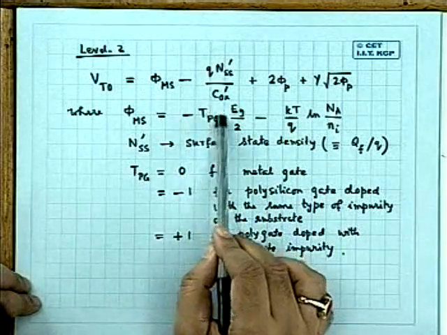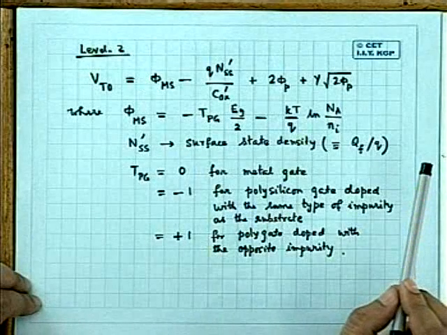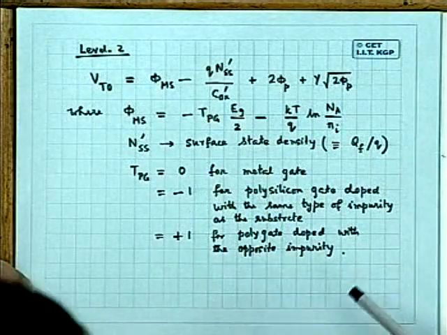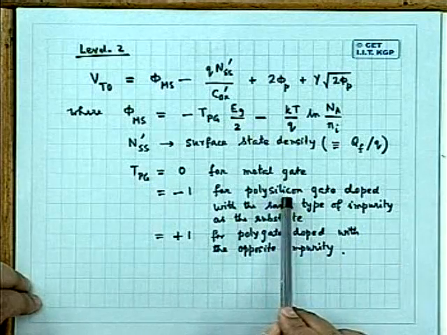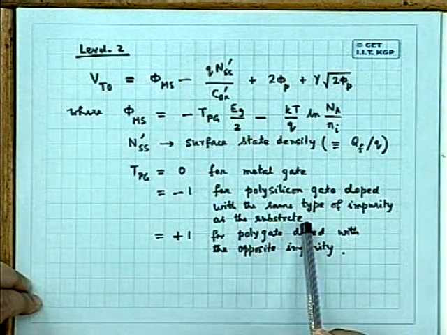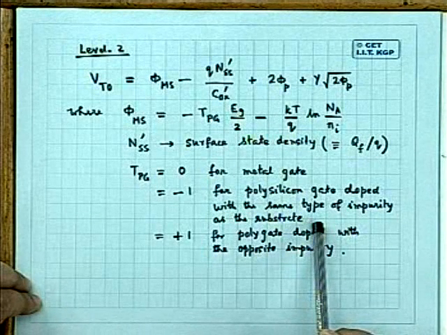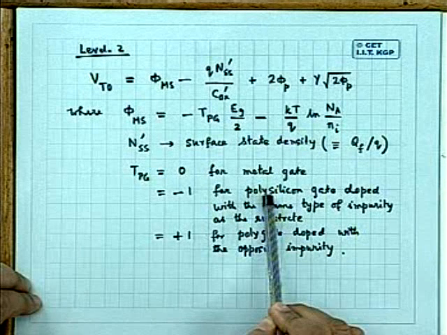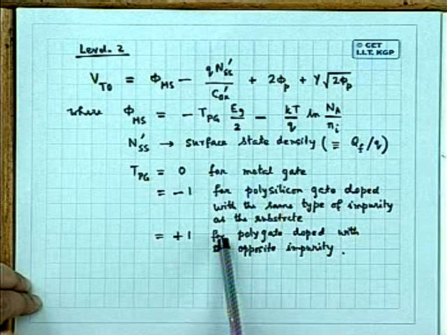And this term TPG has been brought into the equation for phi ms, whose values are three discrete values: 0 for metal gate, -1 for polysilicon gate doped with the same type of impurity as the substrate. If the substrate is p-type, say in NMOS, then the polysilicon gate is a p plus polysilicon gate. This is valid for p plus polysilicon gate. And this is for n plus polysilicon gate.